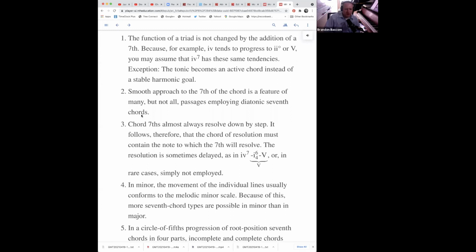What's 2? G. 5 is C. Back to 1 being F, yeah?